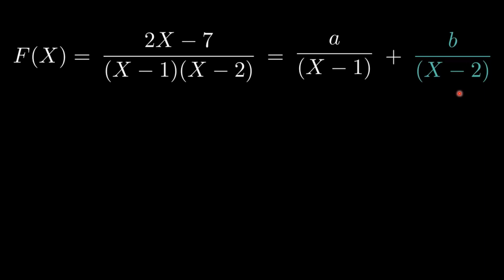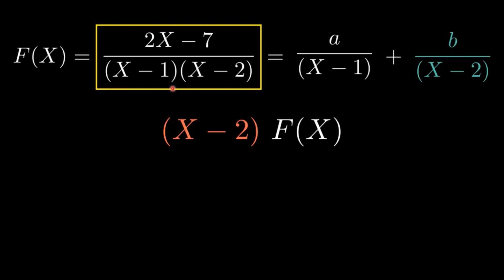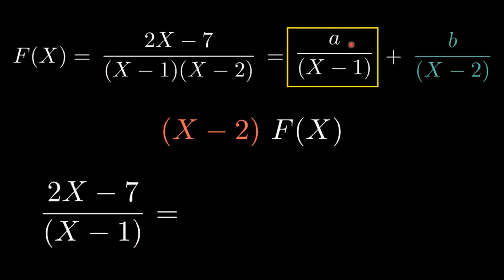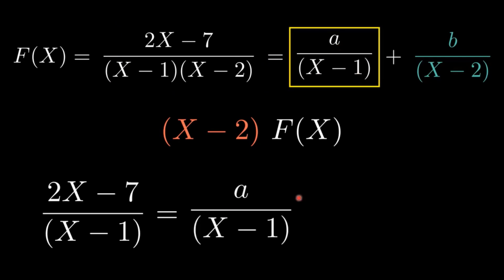By what factor do you multiply the fraction to eliminate the denominator, to make the polynomial below this constant b disappear? So here f of x is multiplied by x minus 2. This term, we simplify by x minus 2. This is equal to a over x minus 1 times x minus 2.